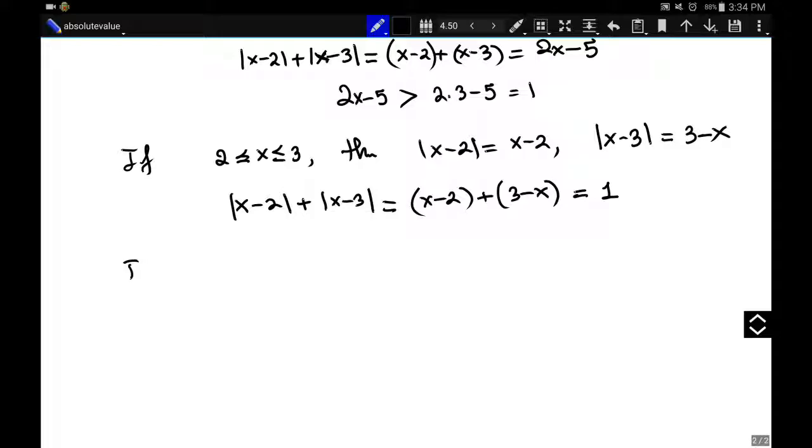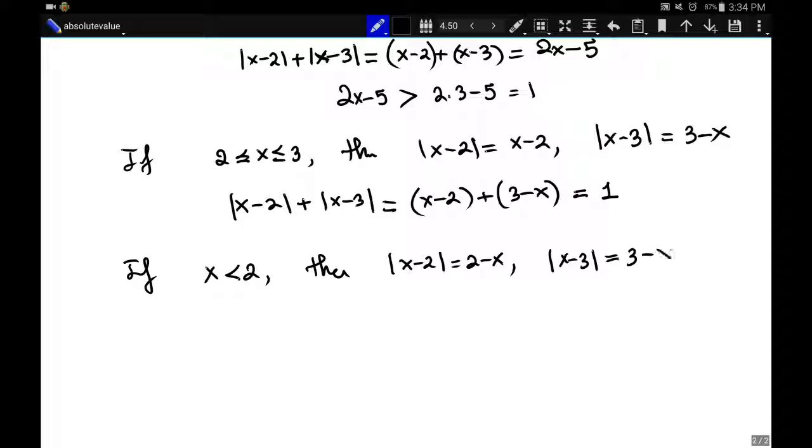Alright, another case. Suppose x is less than 2. Then x − 2 is negative, so |x − 2| is 2 − x. x − 3 is also negative, so |x − 3| is 3 − x. When we add them up, 2 − x plus 3 − x gives 5 − 2x.